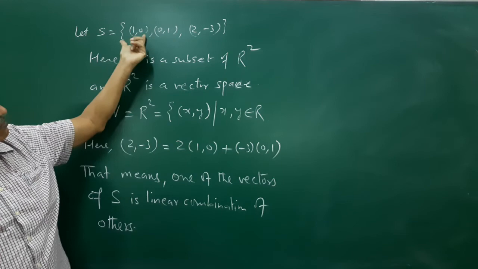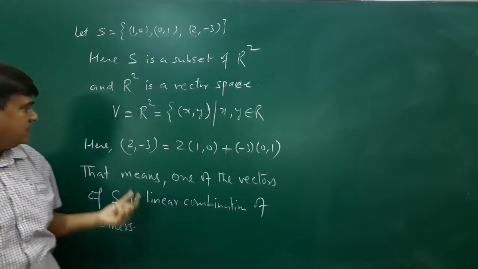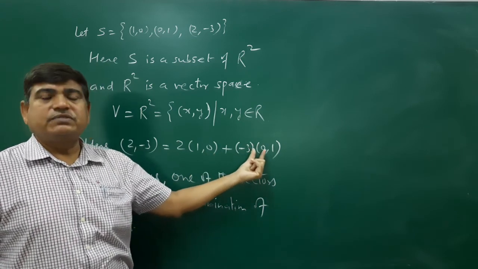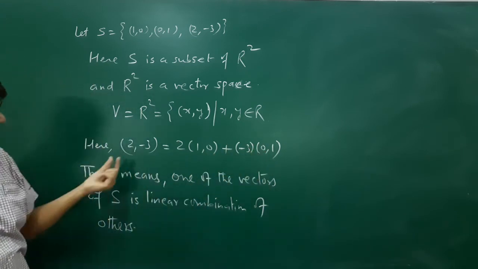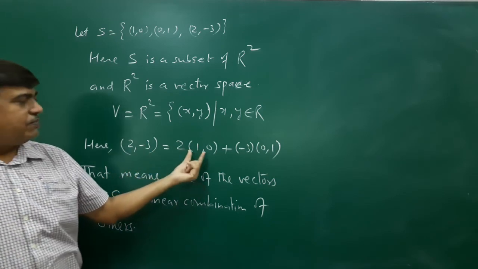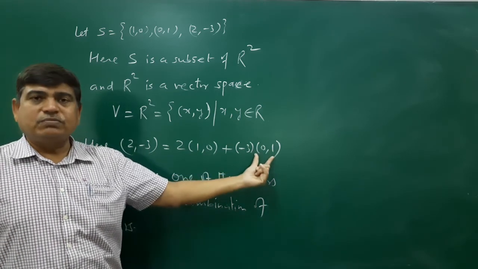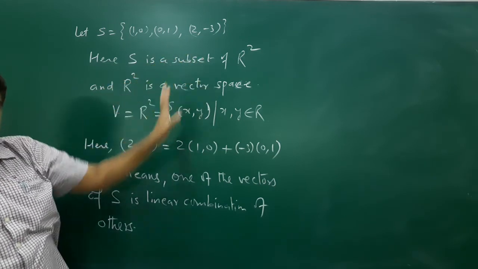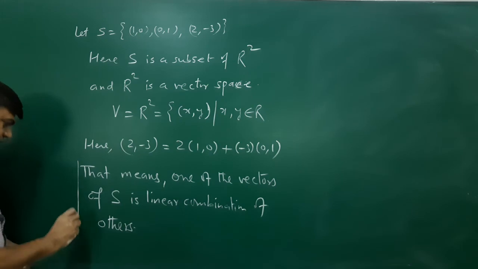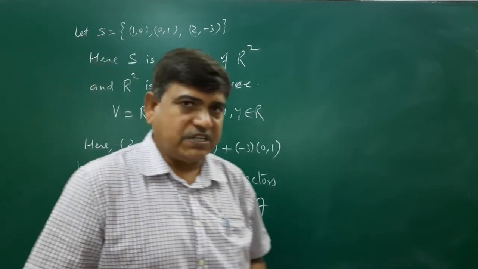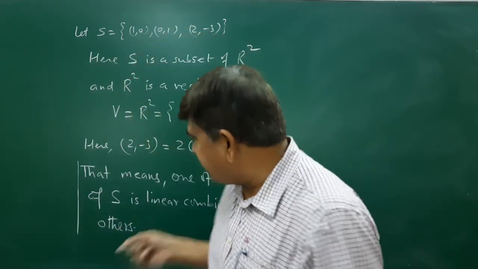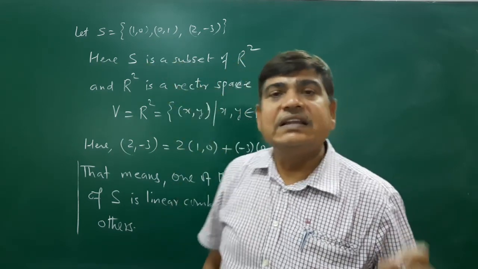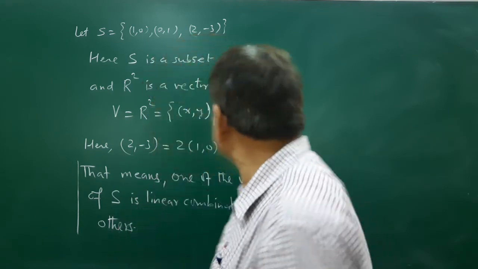So (2,-3) is written as 2 times (1,0) plus minus 3 times (0,1). So you say this is a linear combination of (1,0) and (0,1). Means one of the members is a linear combination of others. If we have this type of situation, then the set S is known as linearly dependent.